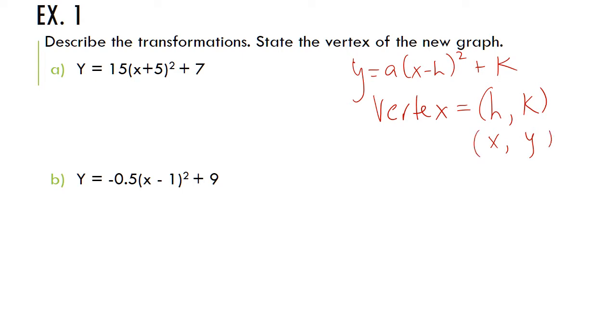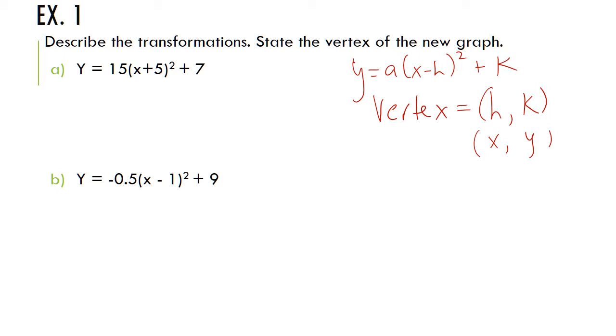And there's one important thing to remember. If you paid attention to the video lesson on what h does, h moves your graph left and right, but it was always opposite to what you thought. So if I take a look at a, for instance, my h value looks like it's x plus 5, but that actually moved my graph to the left 5. So it would have gone from 0 to negative 5.